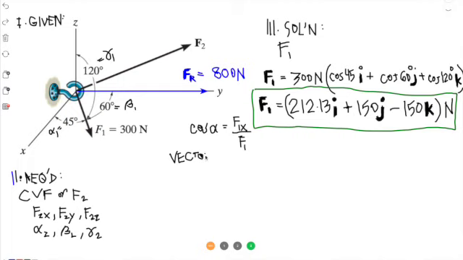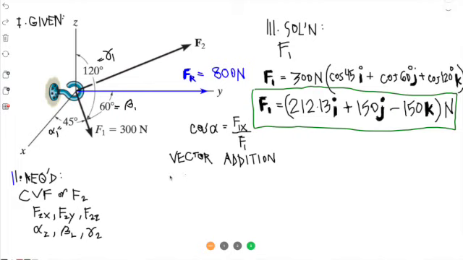Everybody knows how that is done, right? We write the equation down as this.